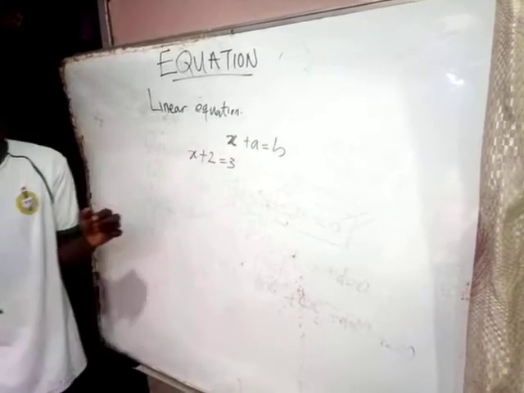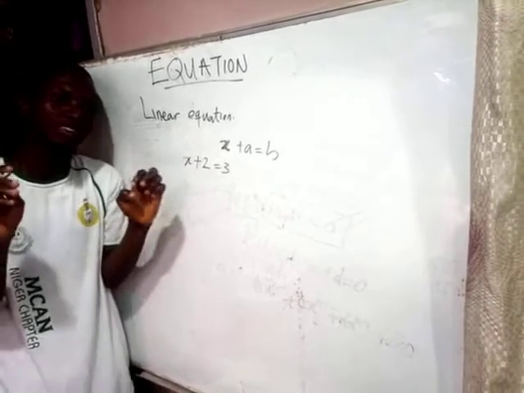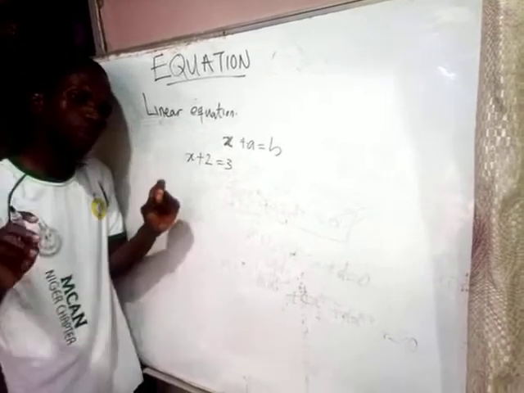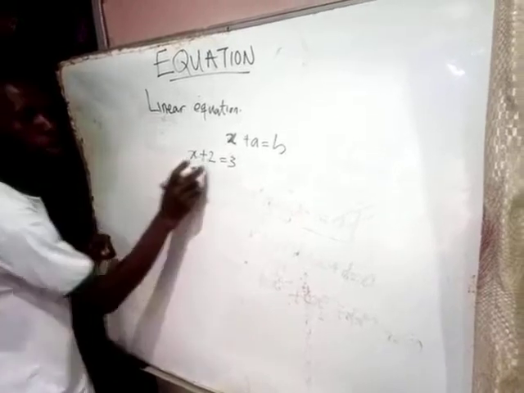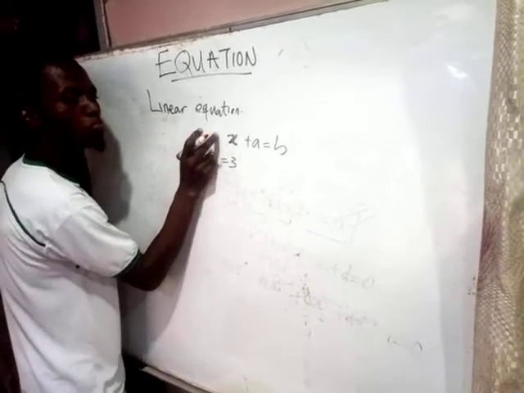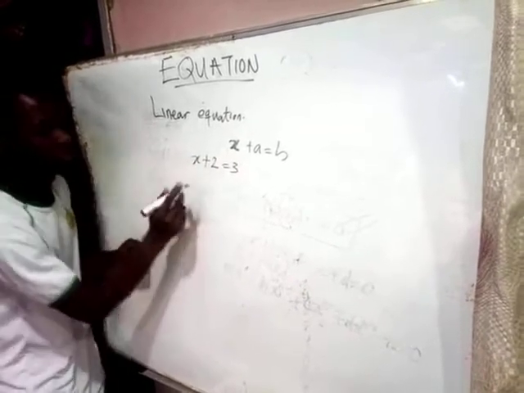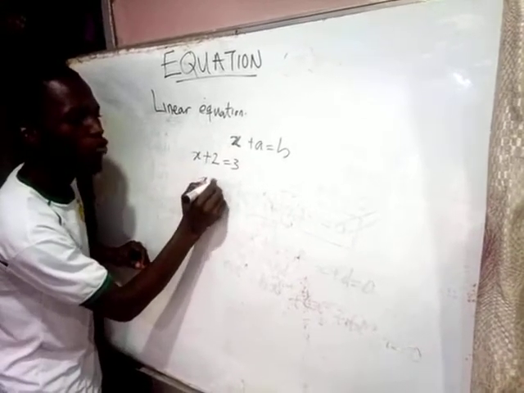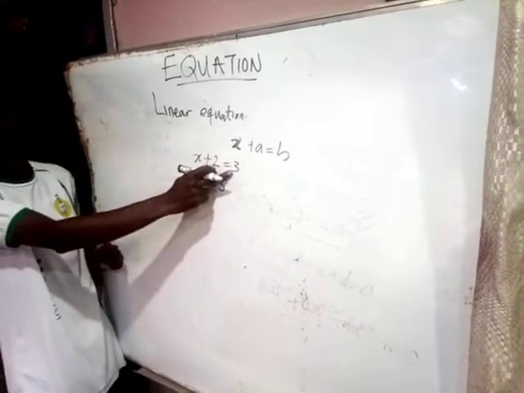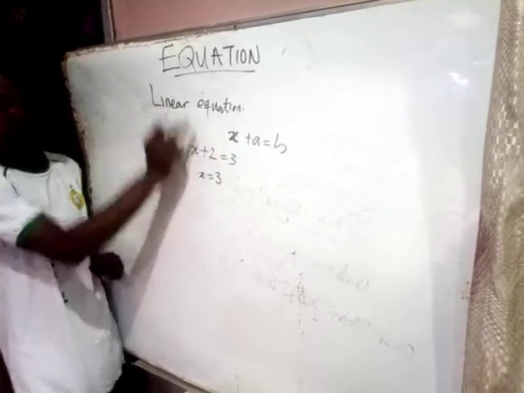There are many ways, but like we said in math theater, we find the simplest way to make it easier. You take this plus 2 to 3, so that your x will remain alone. It means x will now be equals to 3 minus 2.